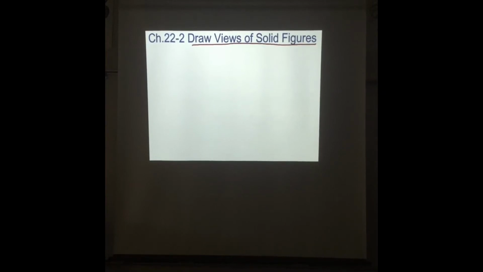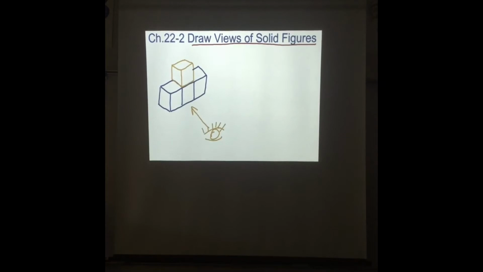I'm going to draw a figure for us and do the best I can to draw it, okay? So let's say we have a figure that looks like this. Now, if we were going to draw how it looks, let's say this is our eye here. You like that eye?